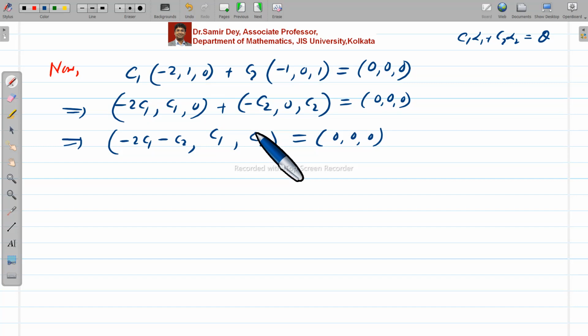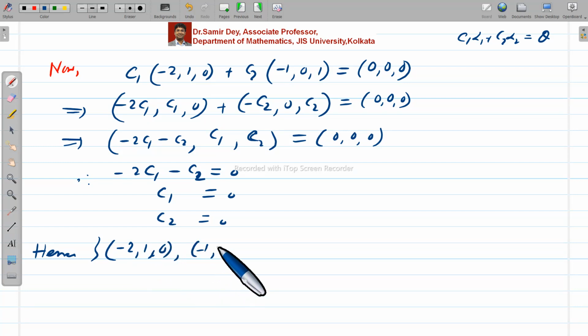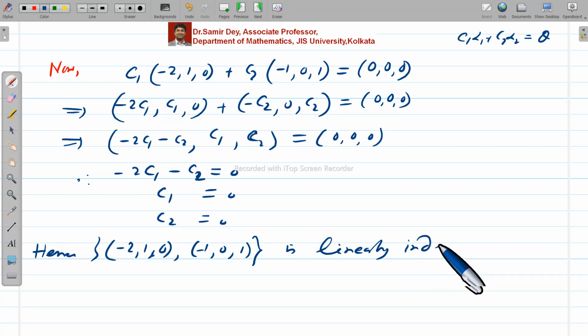Clear? This plus this plus this plus this. So therefore you may write minus 2 C1 minus C2 equal to 0, C1 equal to 0, C2 is equal to 0. So from here it is clear that C1, C2 are coming 0. Therefore, hence -2 1 0 and -1 0 1 is linearly independent.